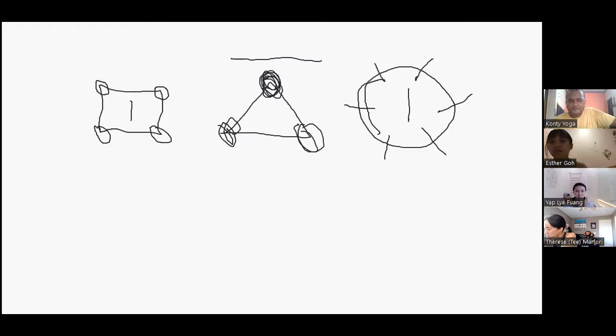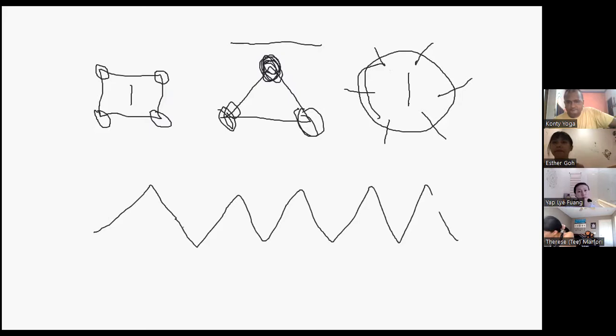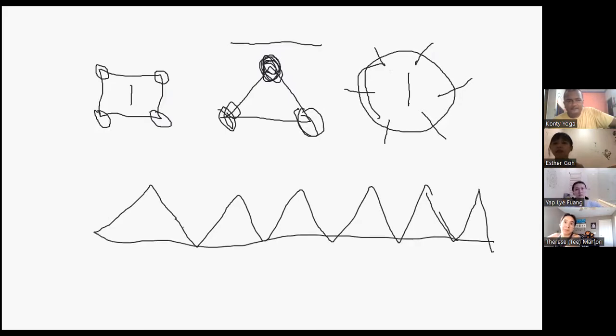So this is the triangle formation, I will say. One student is here, the other student is here. One student is here, the other student is here. One student is here, the other student is here.